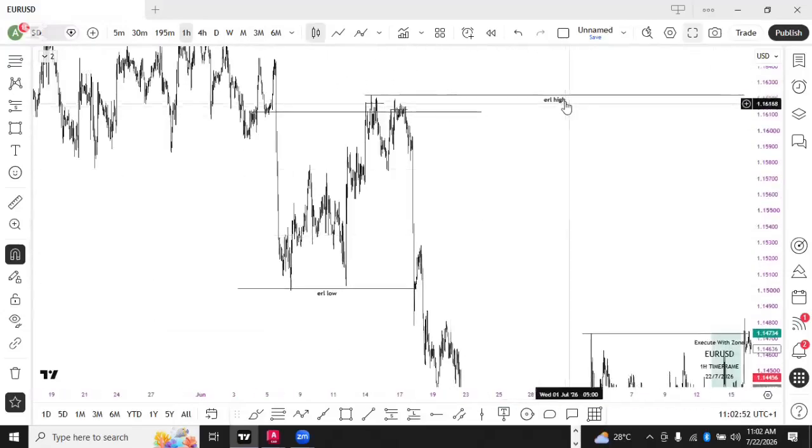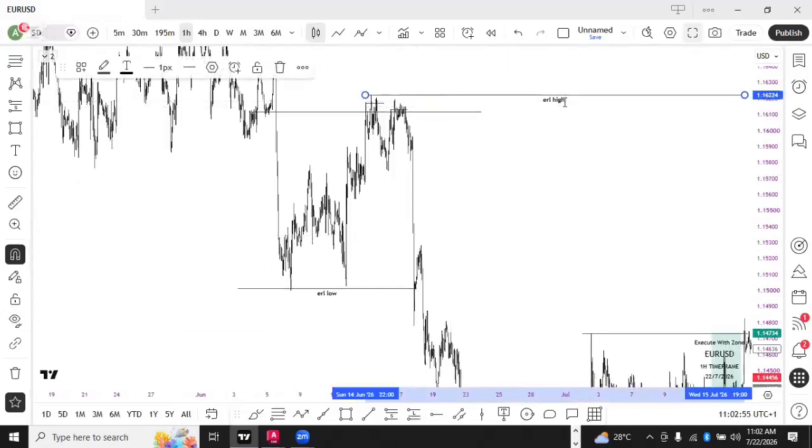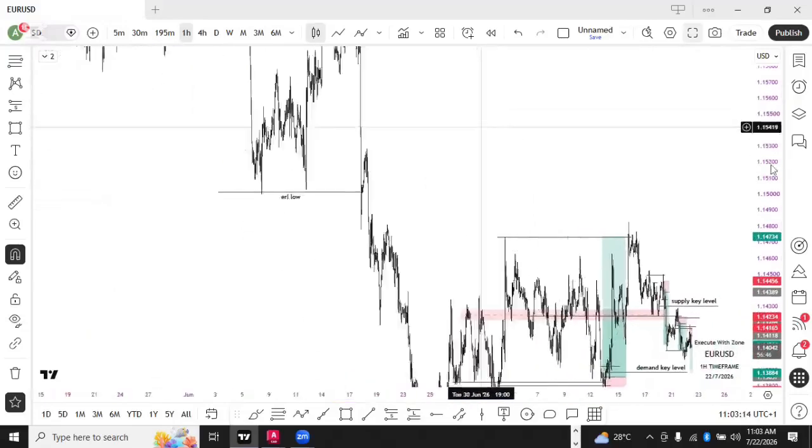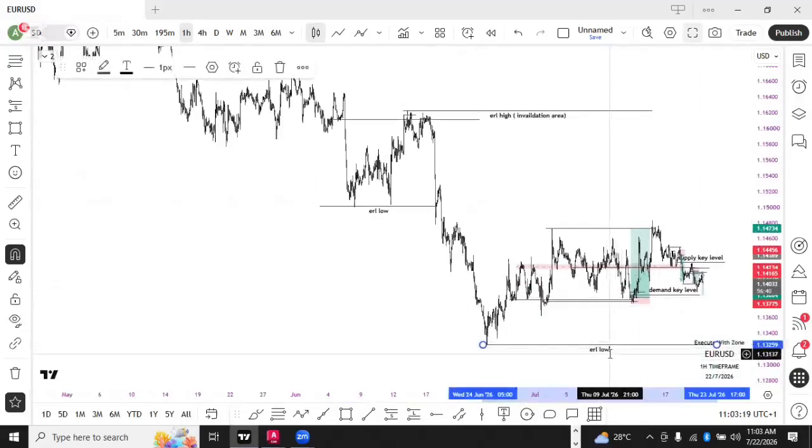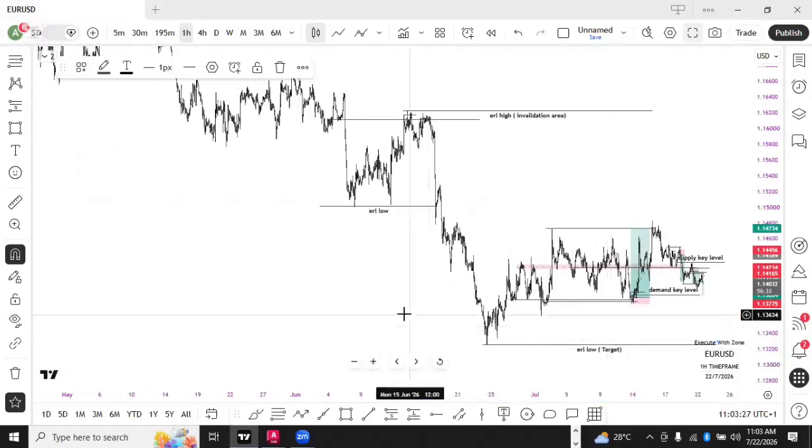So this is a valid zone that I'm going to now label as my invalidation area. I'm going to label this as my invalidation area, and this low here, I'll now label as my next target.